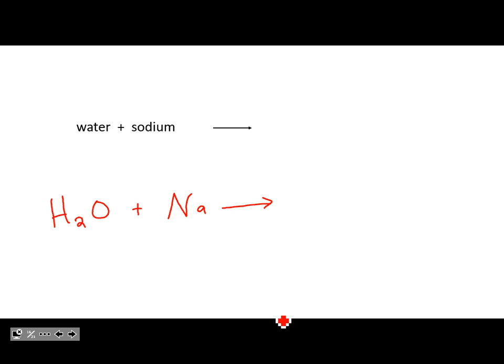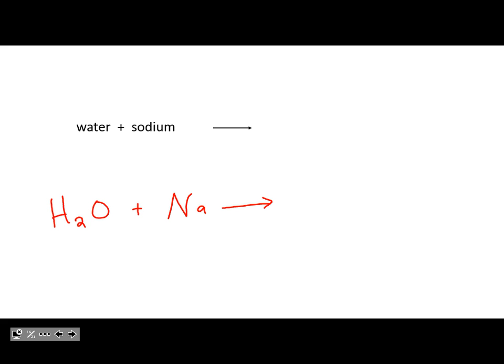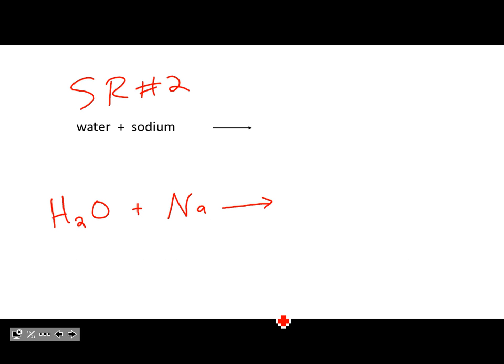Sodium is an alkali metal, so we have to see if it's active enough. This is going to be single replacement number 2, which gives a metal hydroxide and hydrogen.